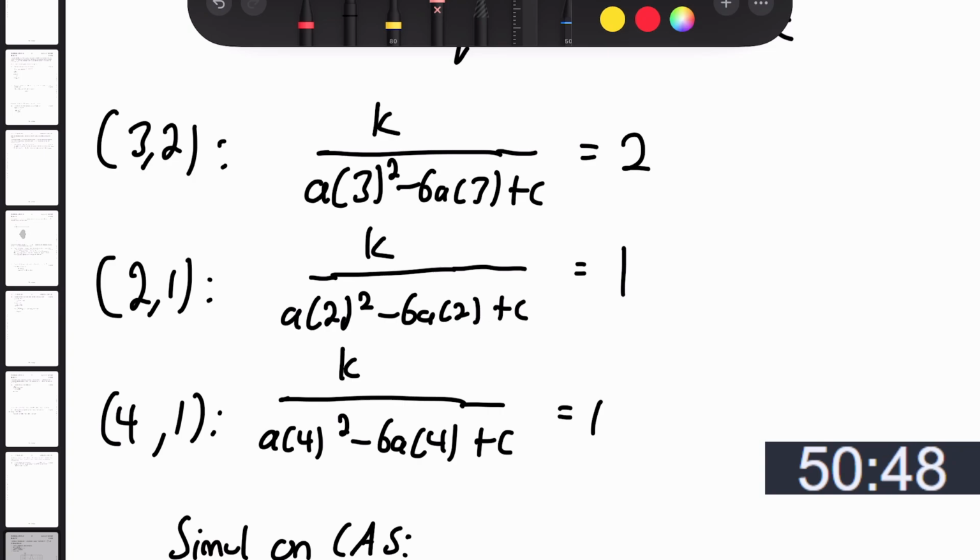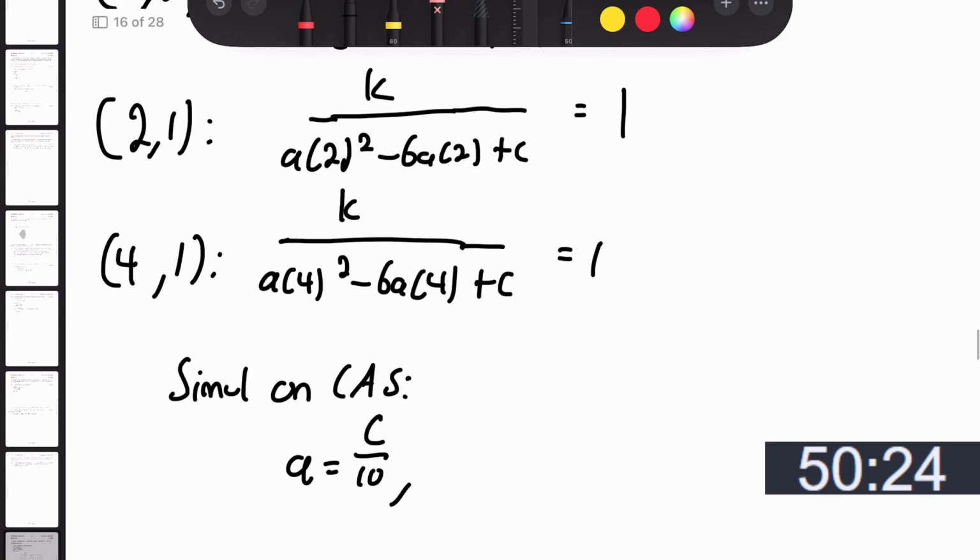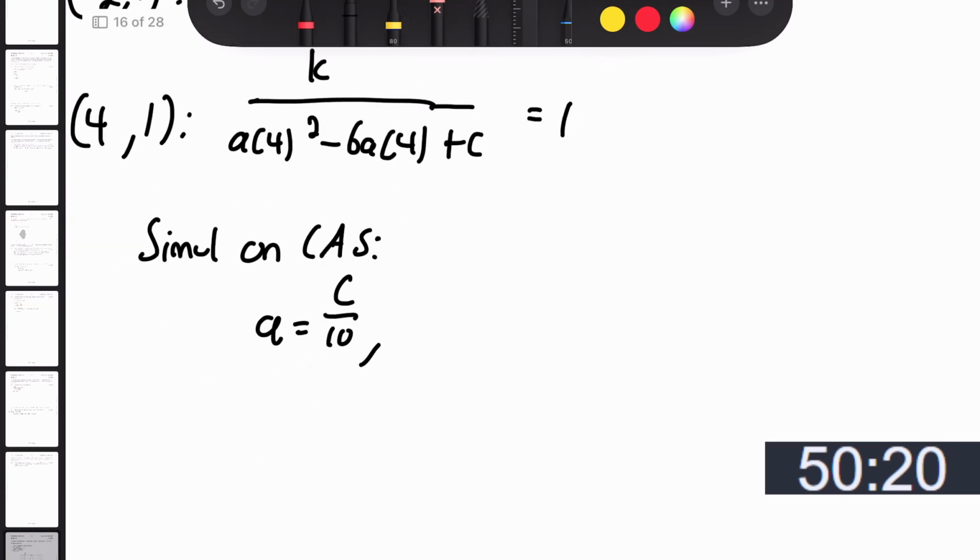So x of 3 squared minus 6x of 3, 2 squared minus 6 of 2, and then here will be x of 4 squared, 6 of 4. What does it mean z equals z? Oh, dude. Okay.